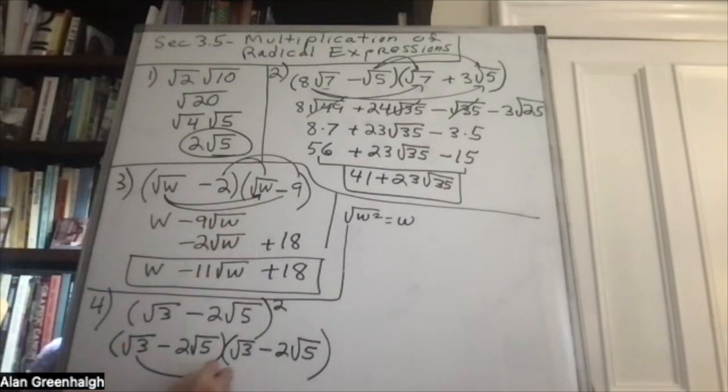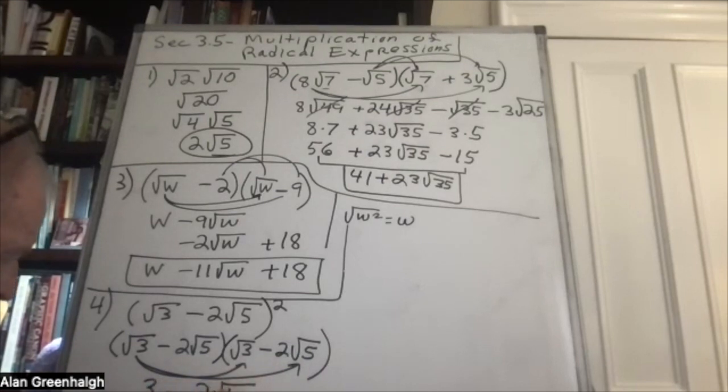The square root of 3 times the square root of 3 is 3. The square root of 3 times negative 2 times the square root of 5 is negative 2 times the square root of 15.